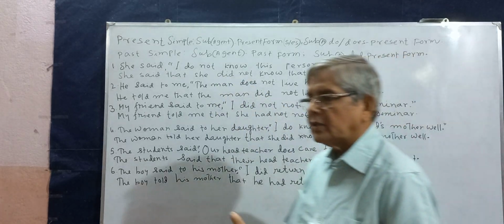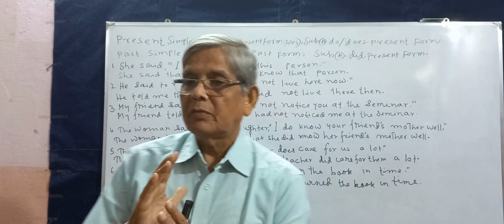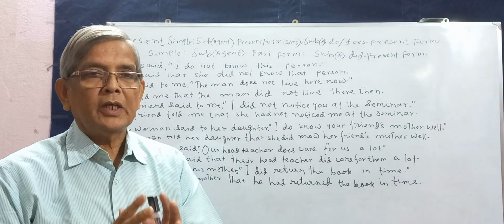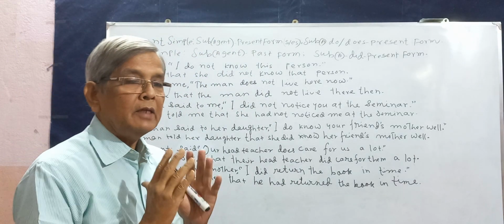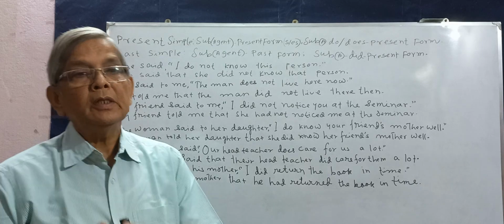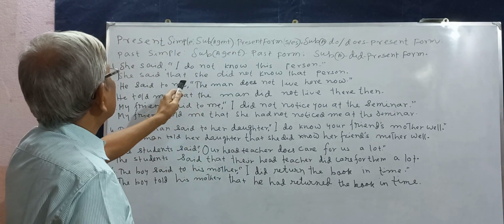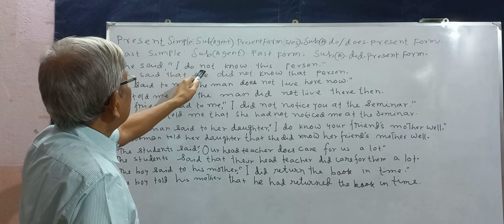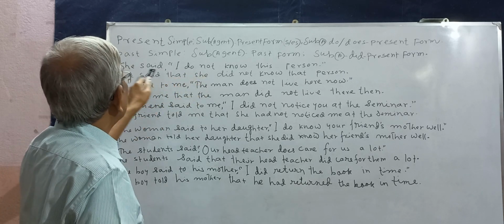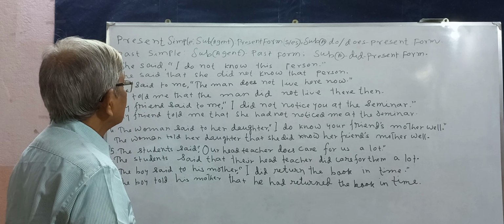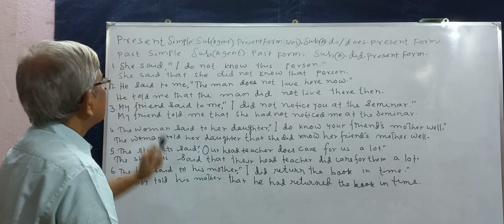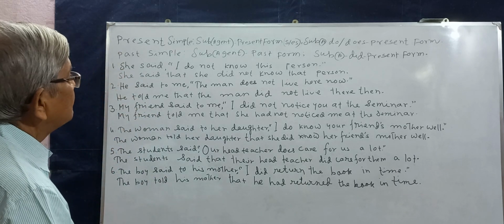Therefore, whenever we get do or does with the word not, we have to change do into did. Invariably, do or does becomes did when we have this present indefinite tense active voice with the reporting verb in the past tense. So the answer is, she said that she did not know that person.